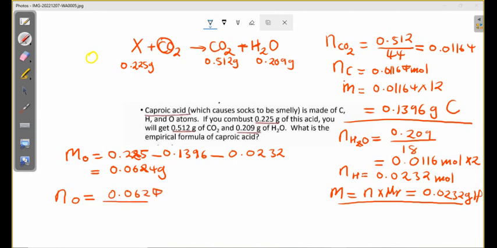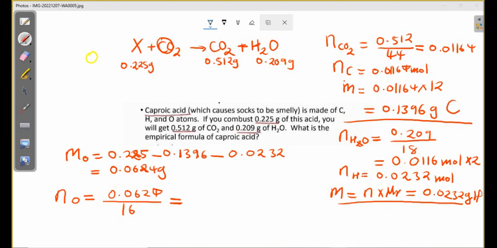So if you divide that by 16, we are going to get 0.0039. Is that what you've gotten? So these will be the moles of oxygen.